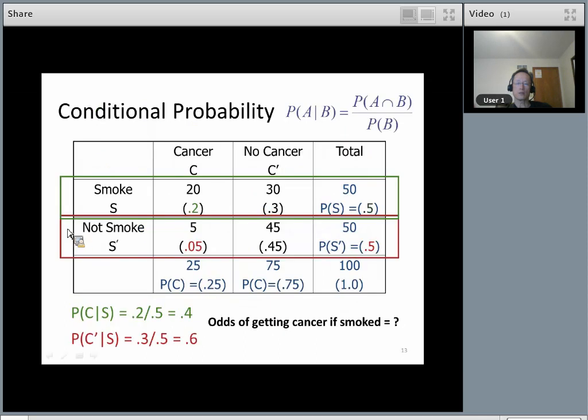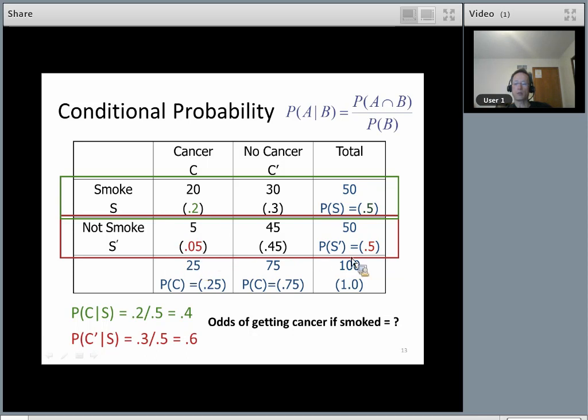You have this conditional probability: given the condition of smoking, the chance of getting cancer for the smoking group is 0.4, and the chance of non-cancer is 0.6. So the odds of getting cancer if you smoke is the ratio of these two conditional probabilities, which is actually 2/3.